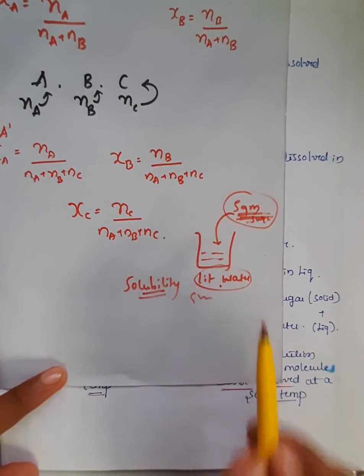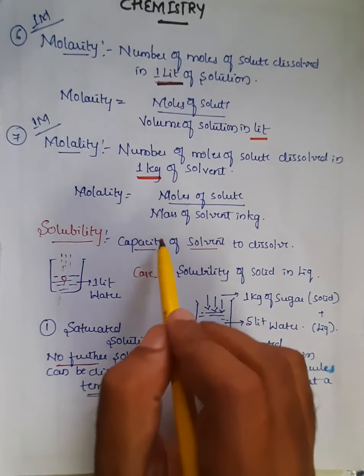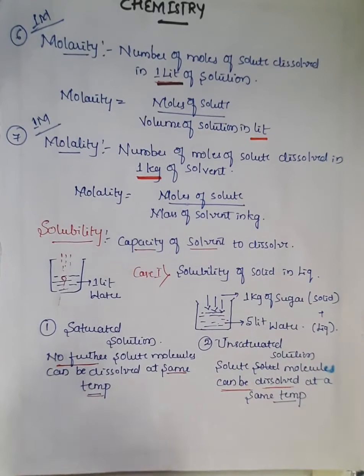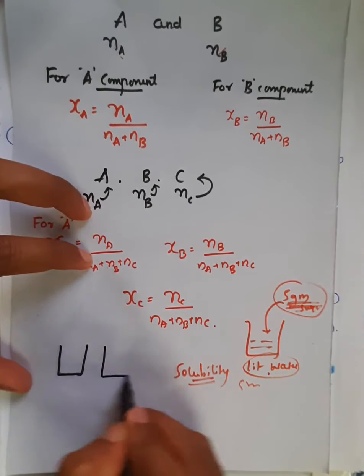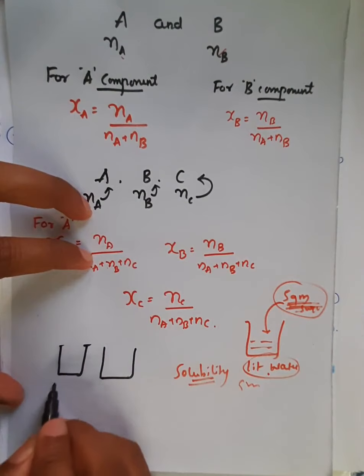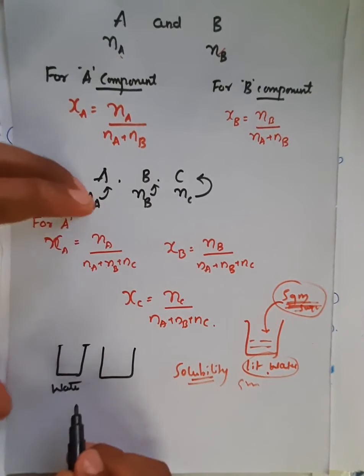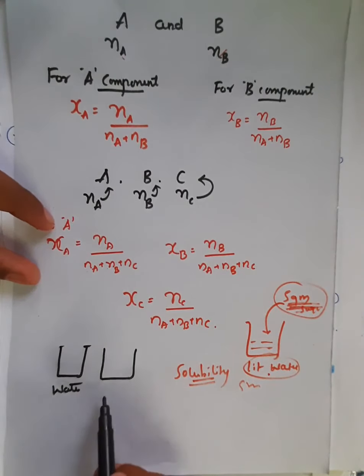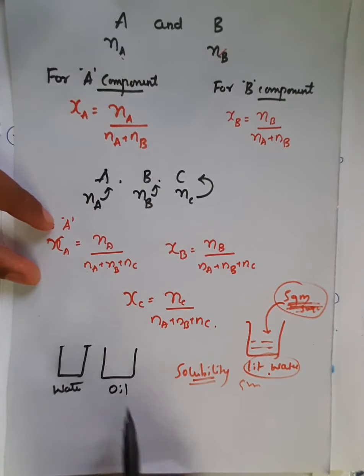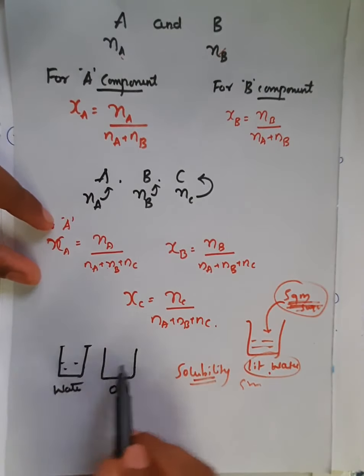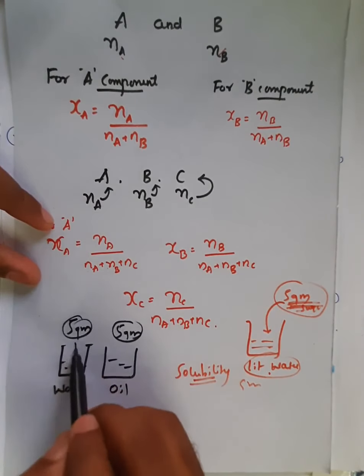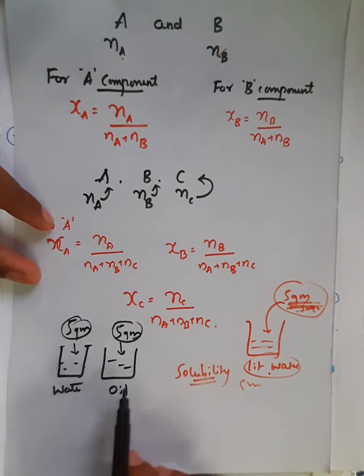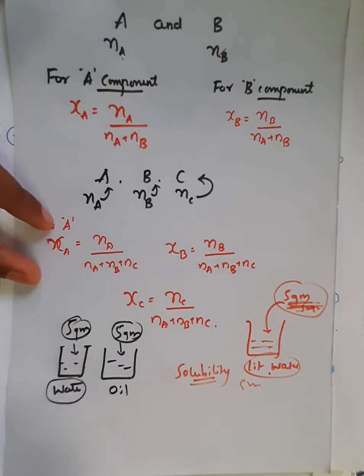Solubility is nothing but the strength, the capacity of the solvent to dissolve the added solute molecules. For example, if I take 2 different beakers, the first beaker with water and the second beaker with oil, any kind of oil, and I add 5 grams of sugar, the same quantity, to both.